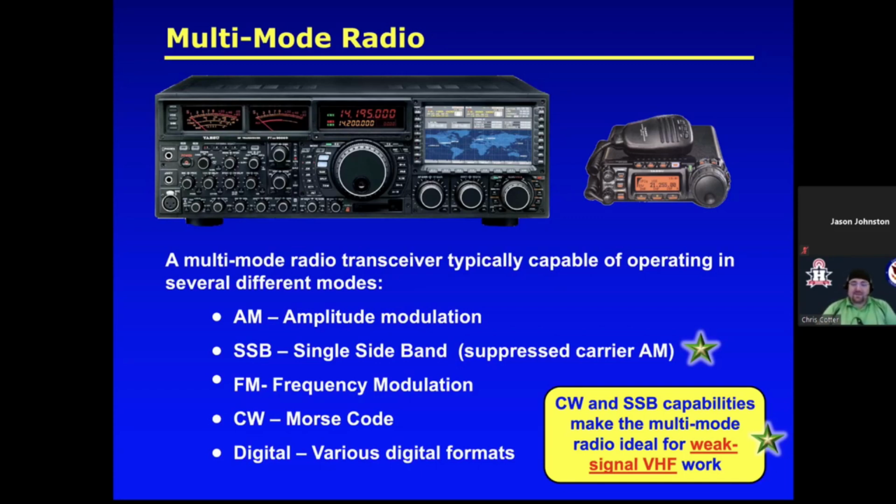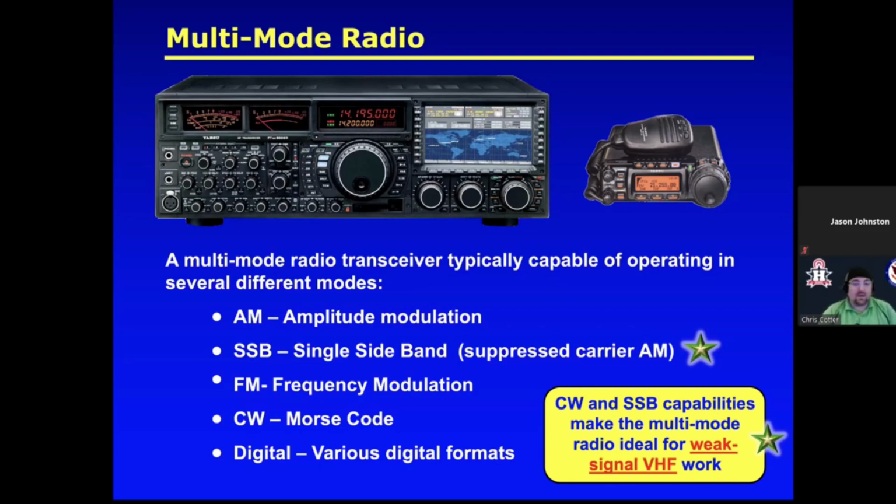So CW and single sideband, that's SSB, capabilities make the multi-mode radio ideal for weak signal work. Weak signal is exactly what it sounds like. It's basically the radio being able to function and pull either voice or digital information out of what would be considered a very weak signal.